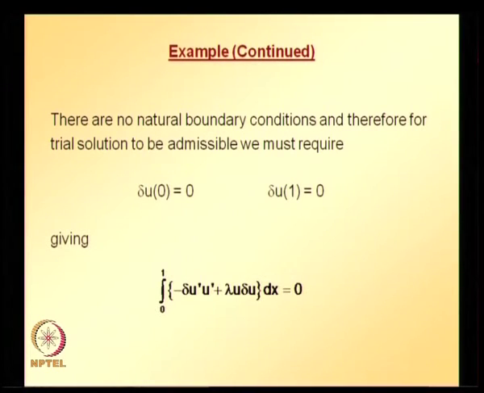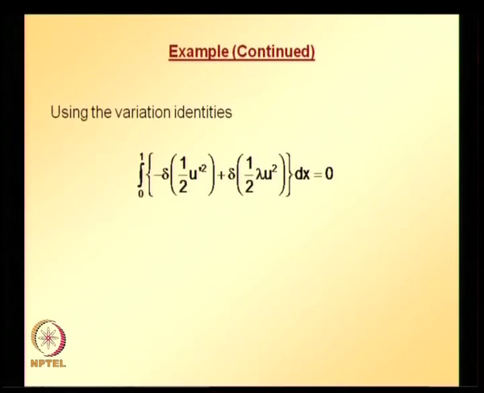So, with that reasoning the first two terms get cancelled and you will be left with this, and here also you can apply variational identities and bring the variational operator out. That is what is mentioned here.